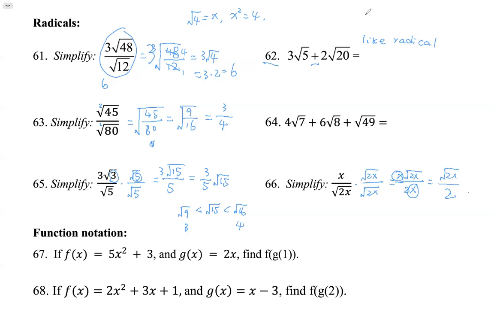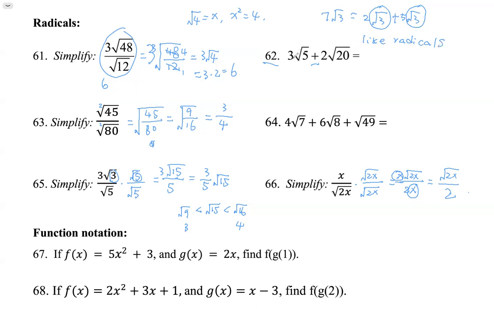Like radicals are like 2 radical 3 and 5 radical 3, meaning the number under the radical is the same. Here we have the square root of 3 and here we have the square root of 3. If we add those two, we just add 2 with 5. So we get 7 radical 3. Those are called like radicals.